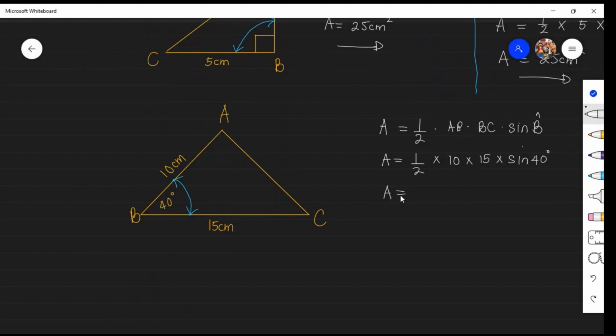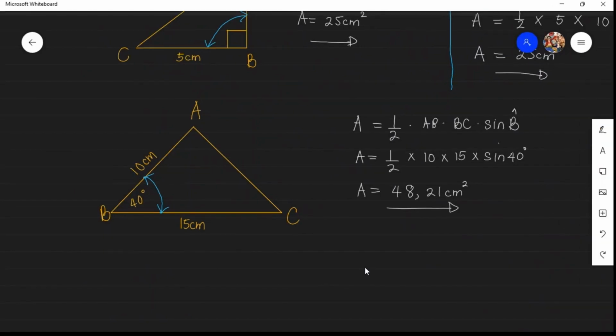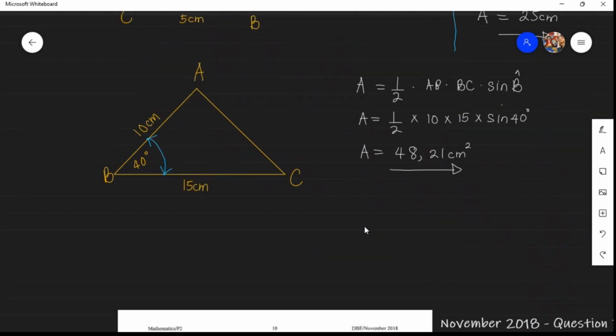So a half times 10 times 15 times sine of 40 degrees, and that is going to give us an area of 48,21 centimeters squared. So that is our area for that particular triangle. Let us now move on to our past paper questions.